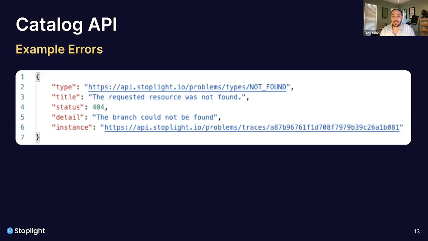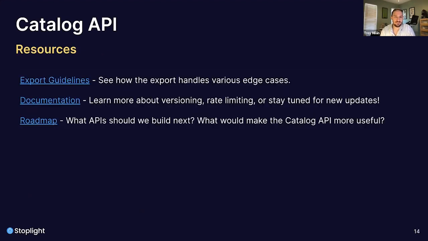Here's just another example of that error, since we covered it earlier. And here are some of those additional resources that I was talking about. We have things called export guidelines that talk through some of the transformations that the Catalog API could do on the document. All these transformations we consider to be syntactically identical.